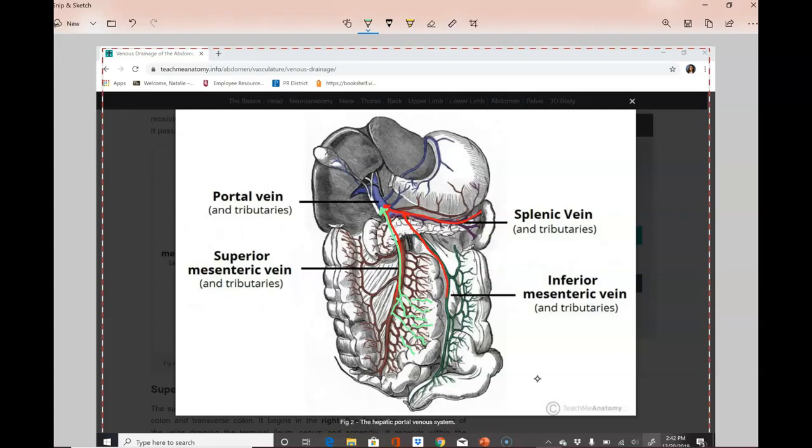Same thing here with the inferior mesenteric vein. We're taking substances from the colon, the rectum. Okay, all of this is filtering in to our splenic vein. All of the splenic vein substance is all going into the portal vein here, the hepatic portal vein. And remember, this is nutrient-rich blood at this point, oxygen low.